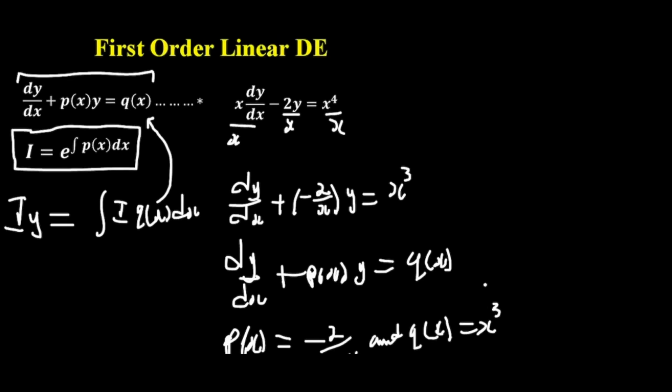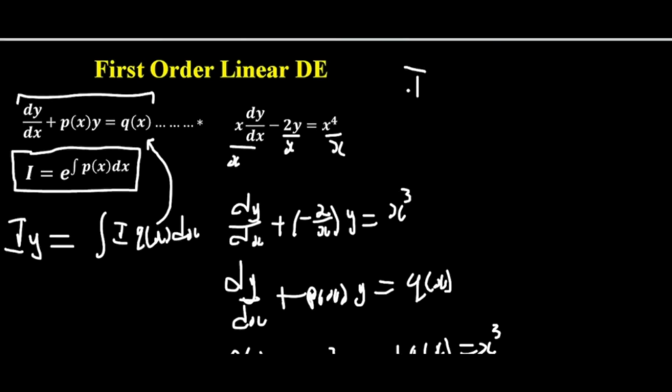Now, to get our integrating factor I, it will simply be e raised to the power the integral of p of x dx. But we know that our p of x is negative 2 on x, so this will be e to the integral of negative 2 all over x dx.